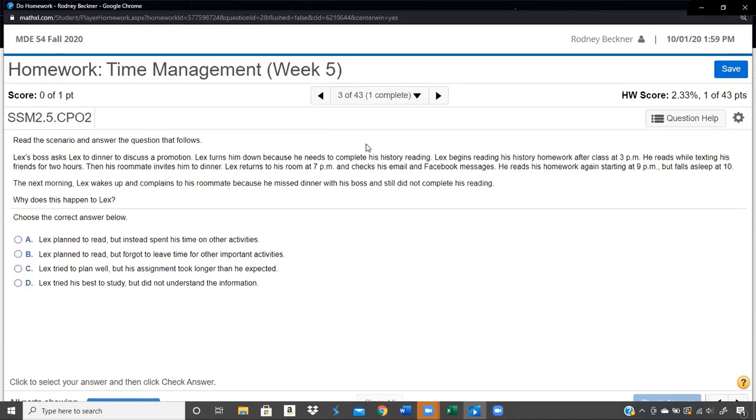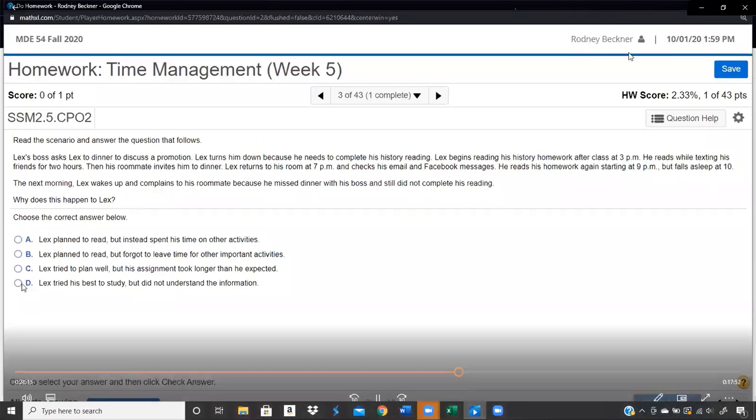Why does this happen? Lex planned to read, but instead spent time on other activities. Lex planned to read, but forgot to leave time for other important activities. Lex tried to plan well, but his assignment took longer than expected, or Lex tried his best to study, but did not understand the information. I don't see anything up here about not understanding it, so D seems out.